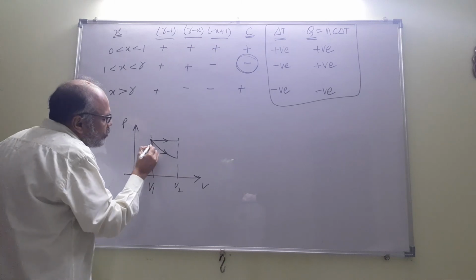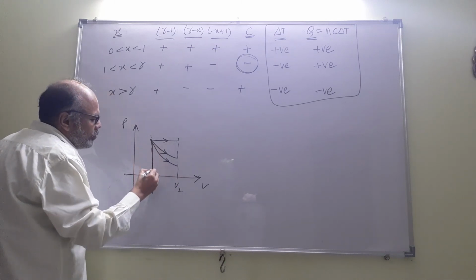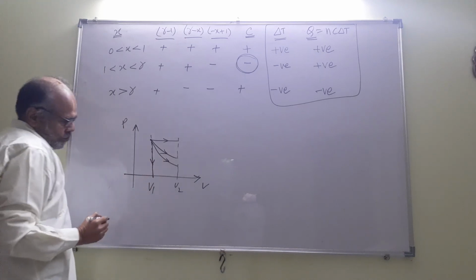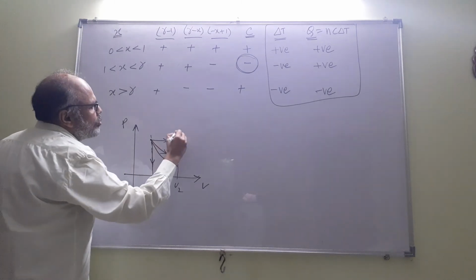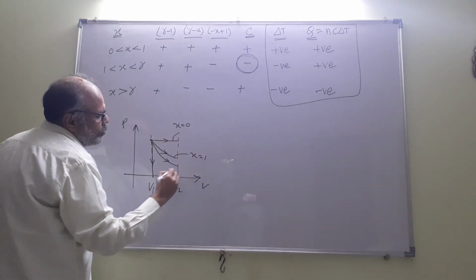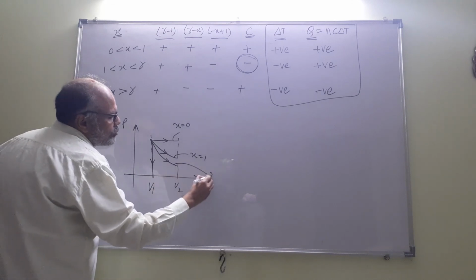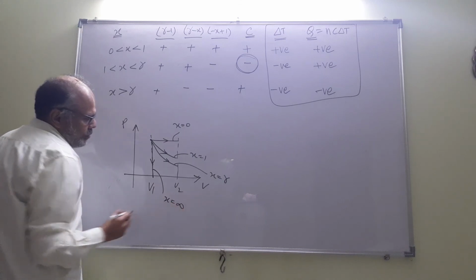The adiabatic will also be a hyperbola. The isochoric would be like that. So this corresponds to x equal to 0, this corresponds to x equal to 1, this corresponds to x equal to gamma, and this corresponds to x equal to infinity.